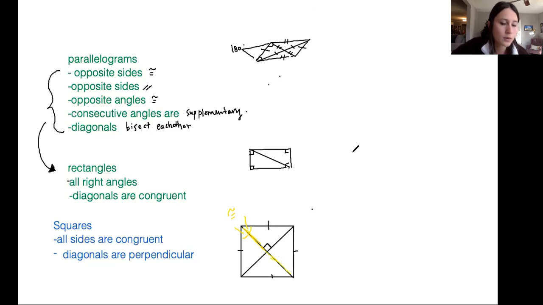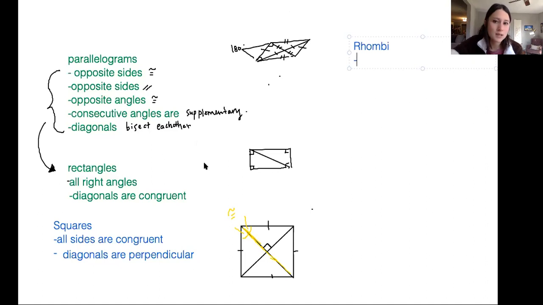So something that's kind of cool about squares and rhombi is the squares have all the same qualities of a rhombus as well. So let's take a look at a rhombus. I'm gonna maybe fill that out over here. Rhombi as plural. So a rhombus has all the qualities of a parallelogram.